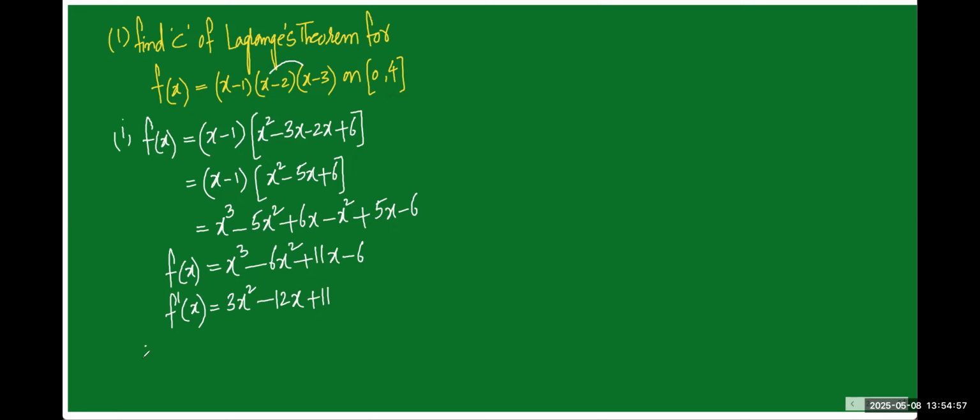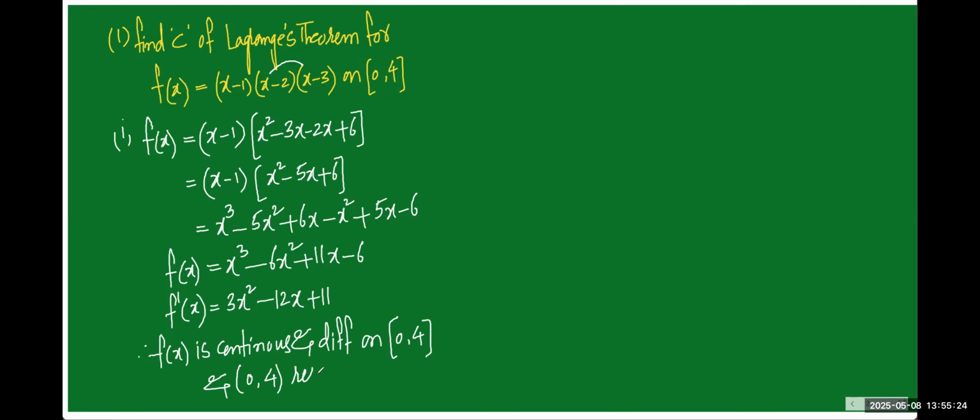So here we write, therefore f of x is, altogether I want to write two conditions: continuous because it is a polynomial, and differentiable because the derivative exists, on closed interval 0,4 and open interval 0,4 respectively. Together I wrote here respectively. We did both conditions at once.